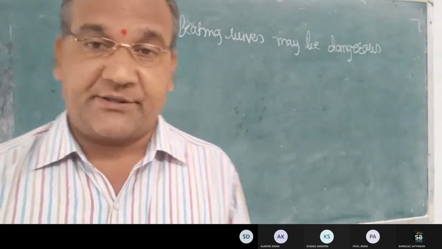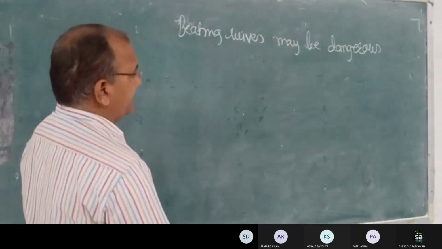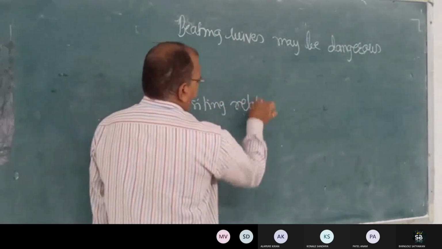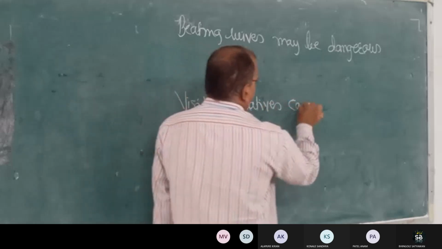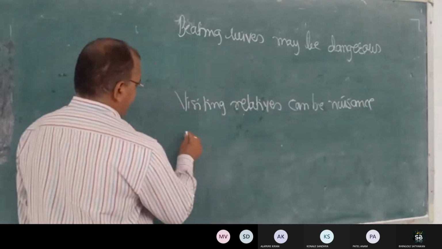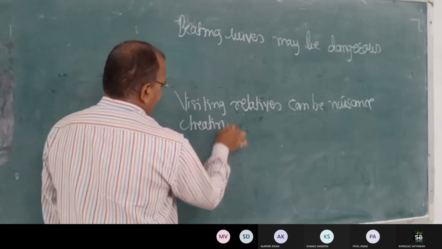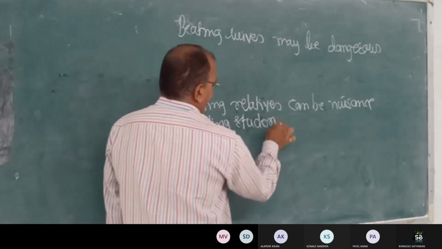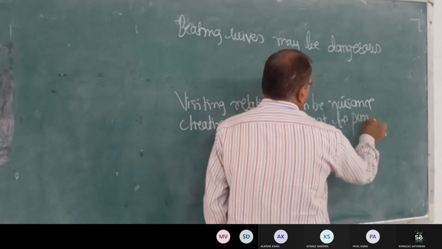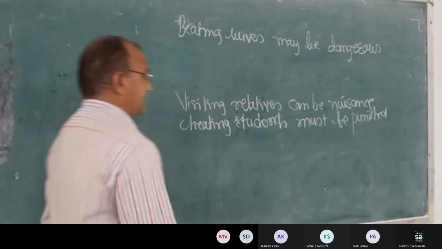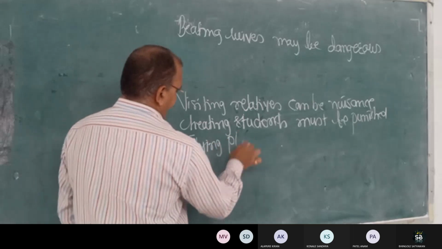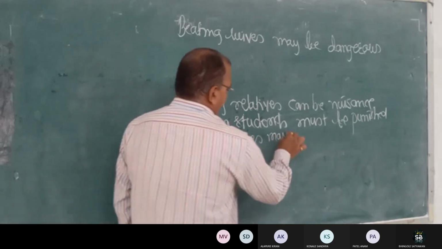Beating wives may be dangerous. Similar sense of activities will be found in sentences like visiting relatives, or something like cheating students must be punished, or another example like flying planes may be dangerous.